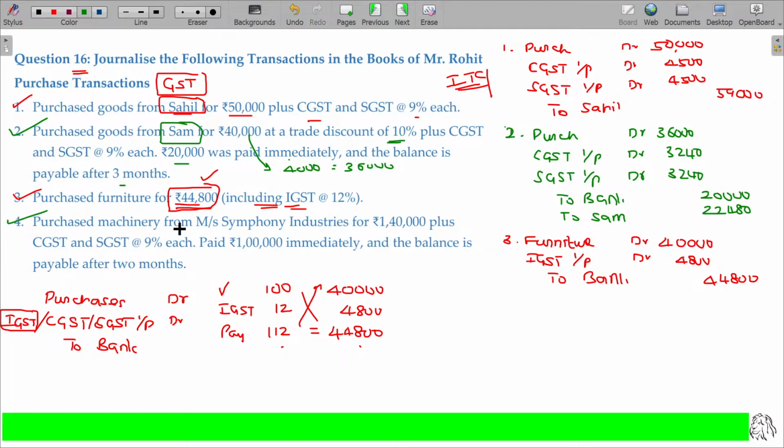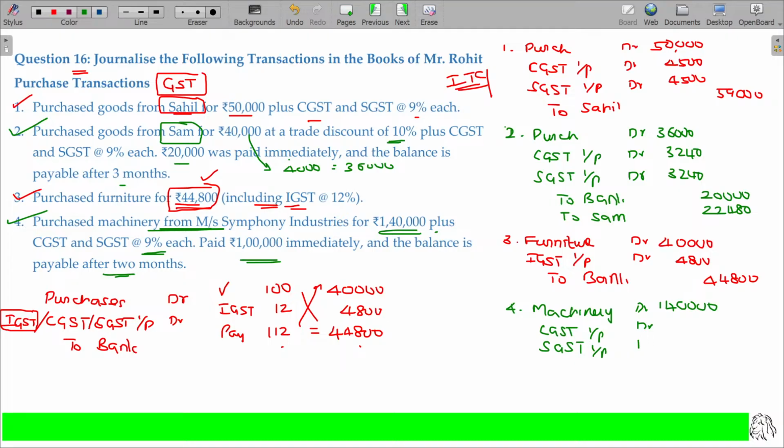Fourth one. Purchased machinery from Symphony Industries for 1 lakh 40 thousand plus CGST and SGST 9% each. 1 lakh paid immediately and the balance payable after 2 months. So, fourth one, the journal entry is machinery account debit, 1 lakh 40 thousand, and for that you have to pay CGST and SGST.